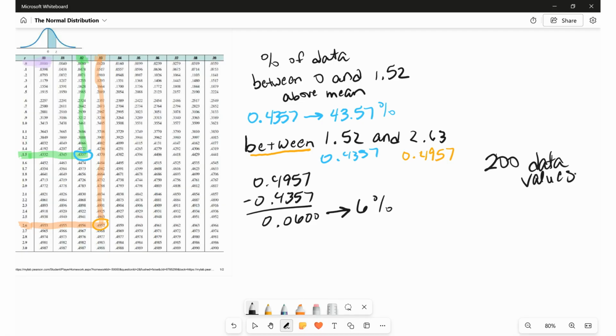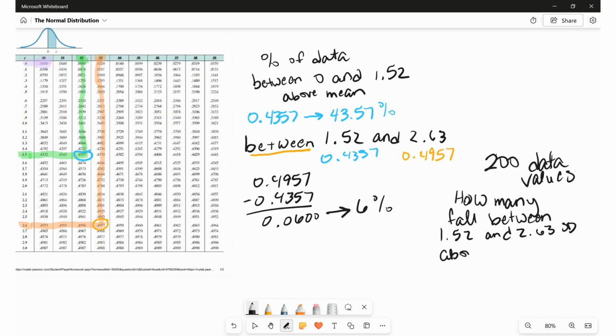And we want to find how many of those 200 data values fall between the 1.52 and 2.63 standard deviations above the mean.